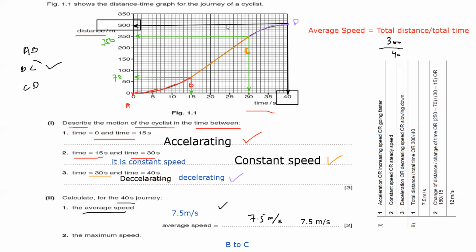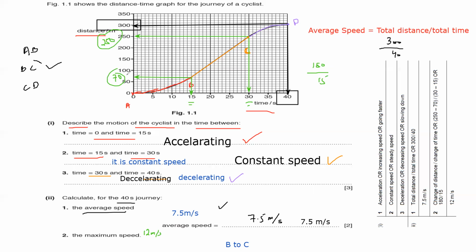So the distance traveled from B to C is 250 minus 70, which is equal to 180. And the time interval from 15 seconds to 30 seconds is 15. So 180 divided by 15, what will we get? The maximum speed comes out as 12 meters per second.